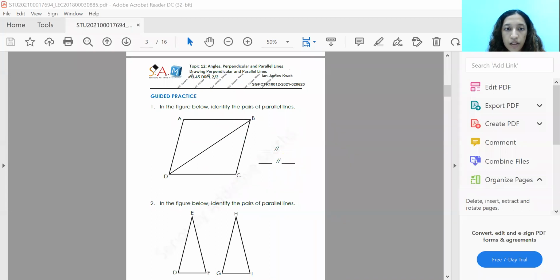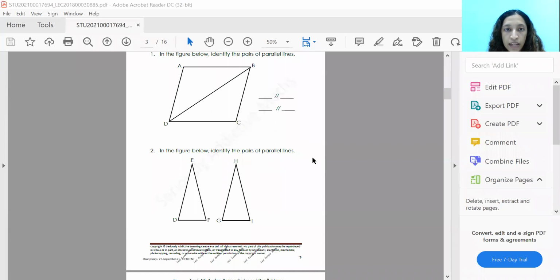Now, next one. In the figure below, identify the pairs of parallel lines. Okay, so we take this as a whole figure, not one triangle on its own, the whole figure. So as you can see, identify the parallel lines. What are the parallel lines over here? As you can see, DE parallel to GH.